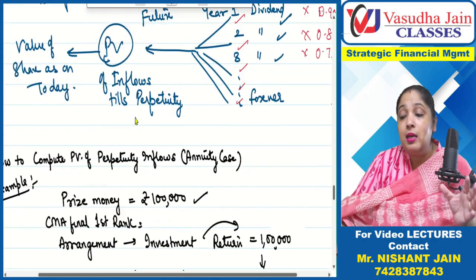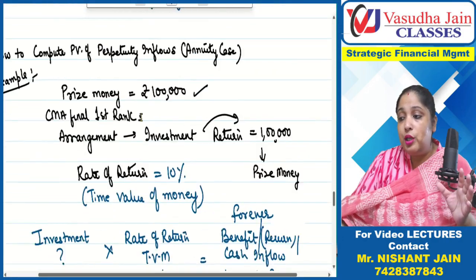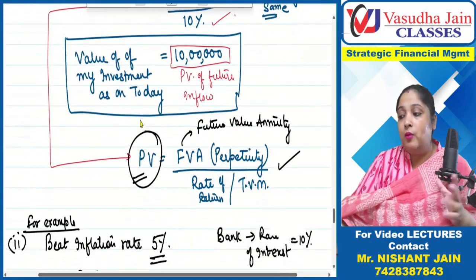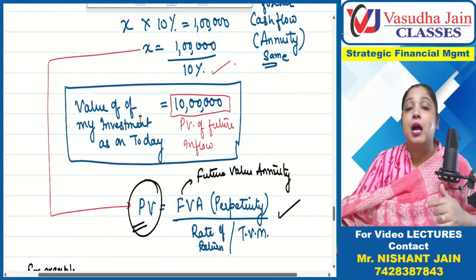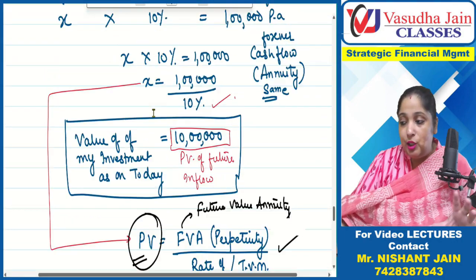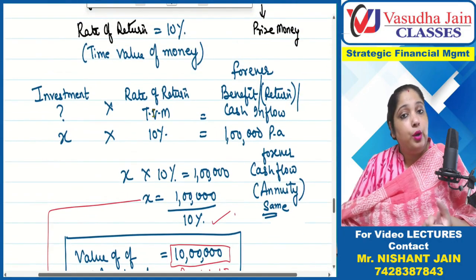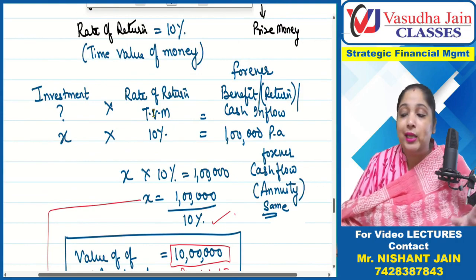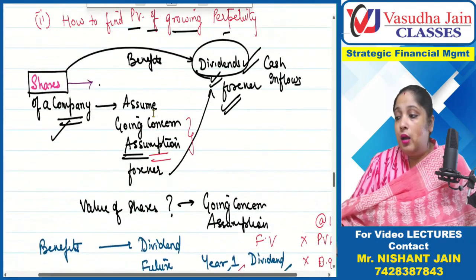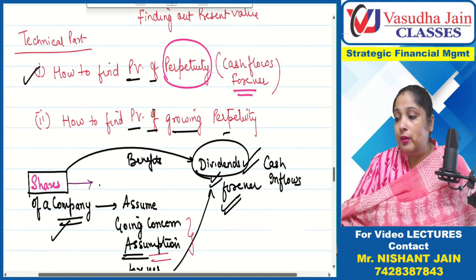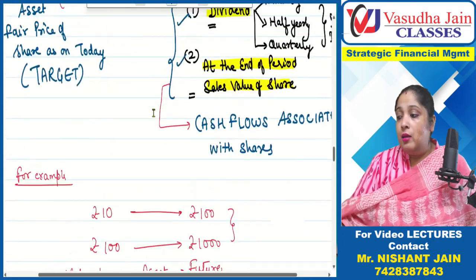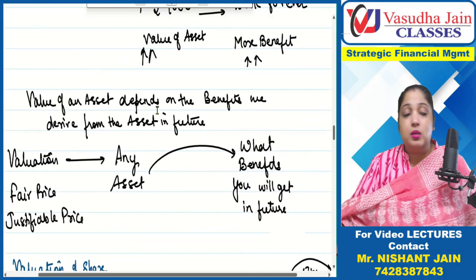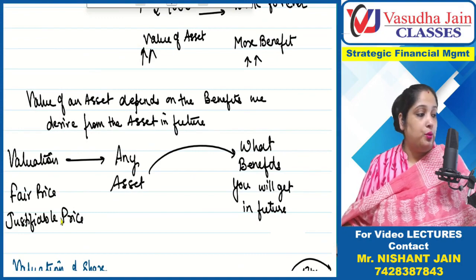Assuming the going concern assumption. Now I would suggest you write this formula, whatever we have written, then we are going to start formally with equity valuation. This is the concept that is going to be used in learning equity valuation. So I would suggest you write it from here, technical part. I am just going to enlarge the screen. You can write whatever you wish to write.